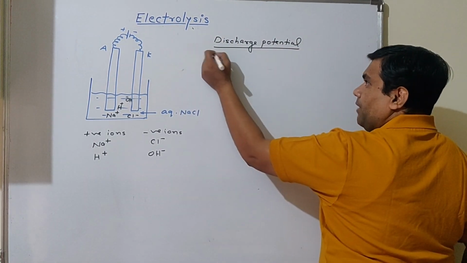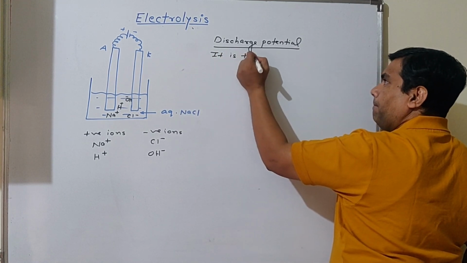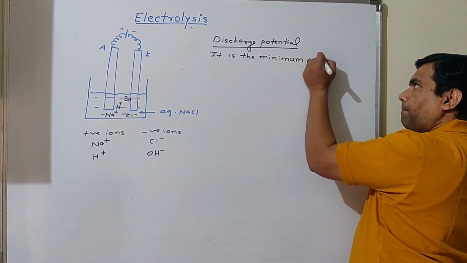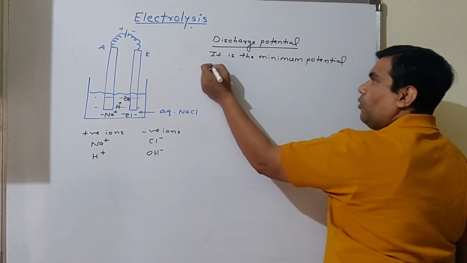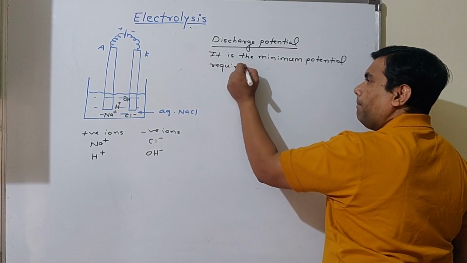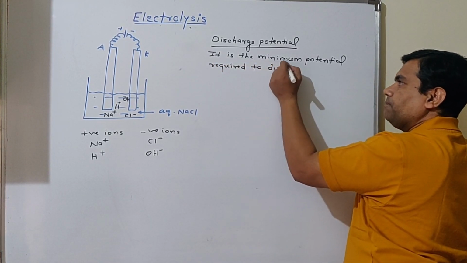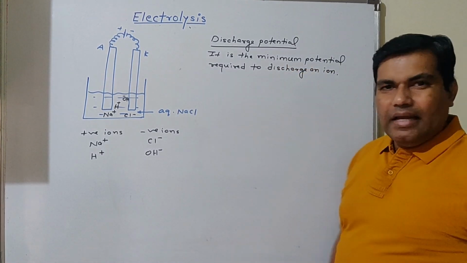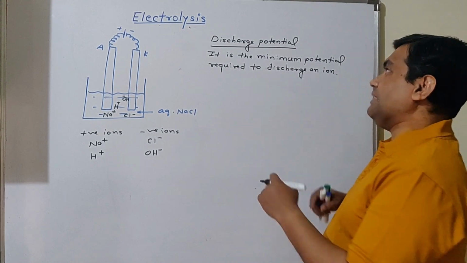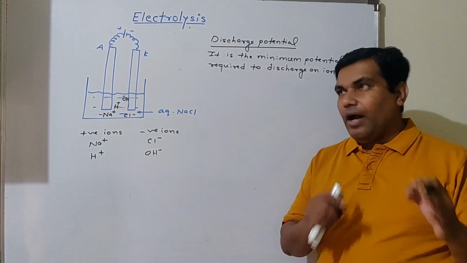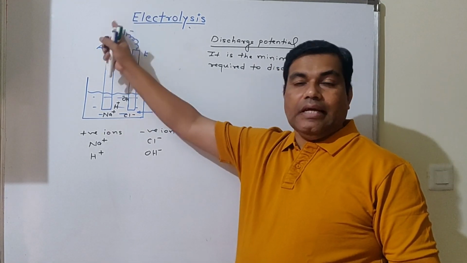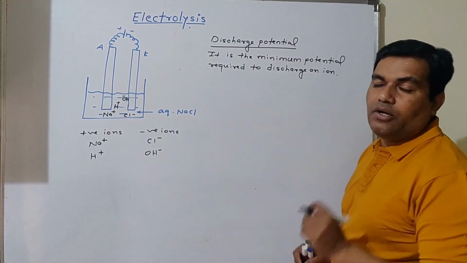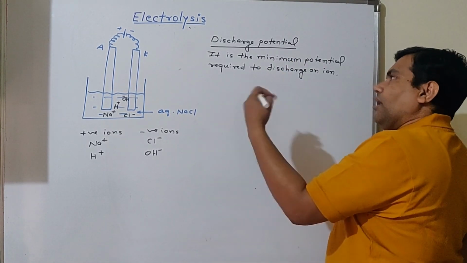It is the minimum potential required to discharge any ion. Because we have been passing electricity over here, the minimum potential required for an ion to get discharged is called the discharge potential.